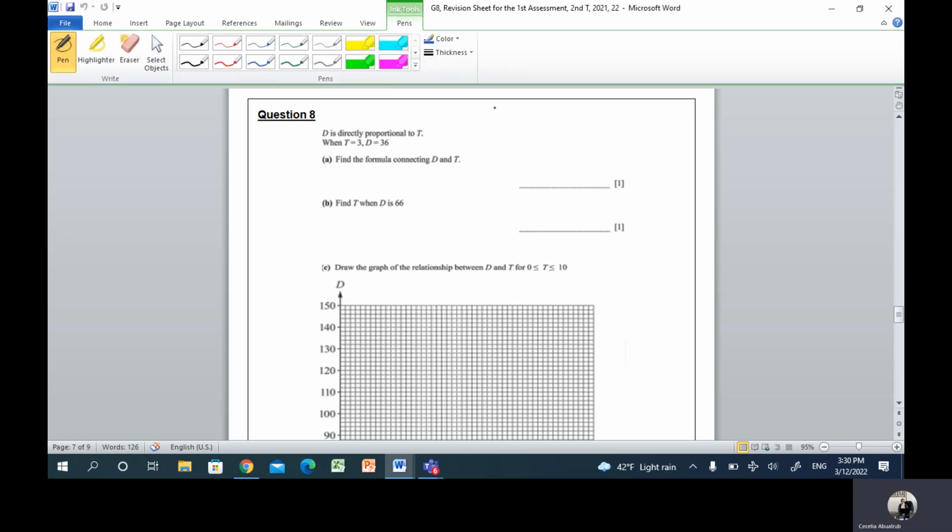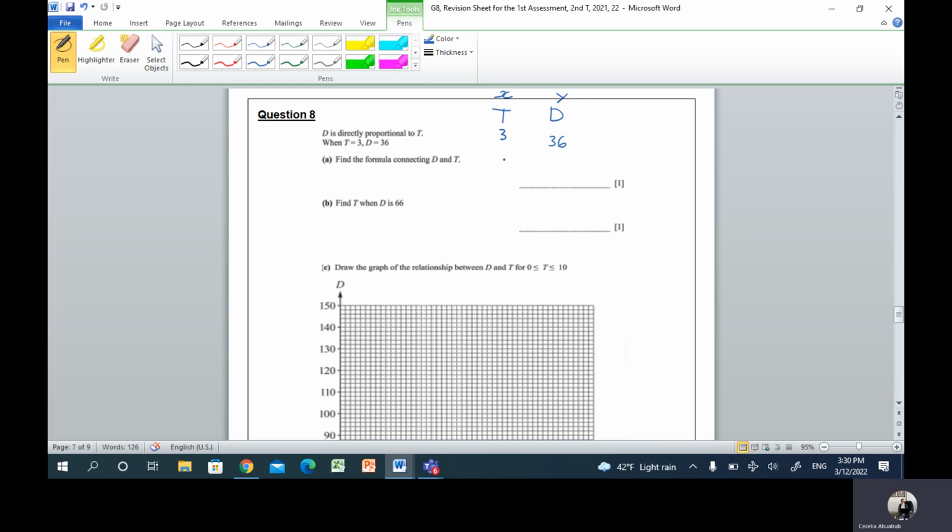We're going to say here T is 3 while D is 36. As you can see here, D is represented on the y-axis and T is represented on the x-axis.